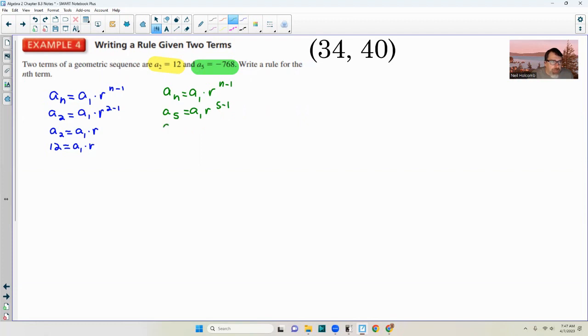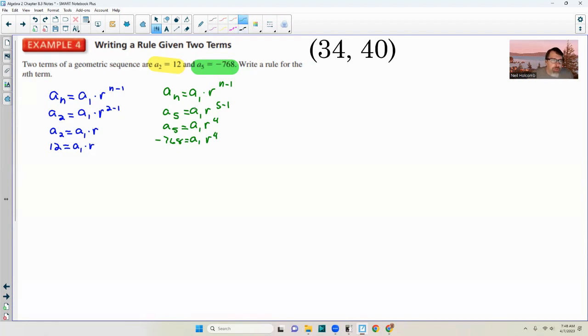And a sub 5 is then going to equal a sub 1 times r to the 4. And now a sub 5 is negative 768, so negative 768 equals a sub 1 times r to the 4.